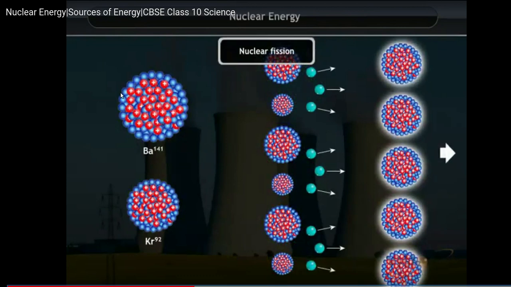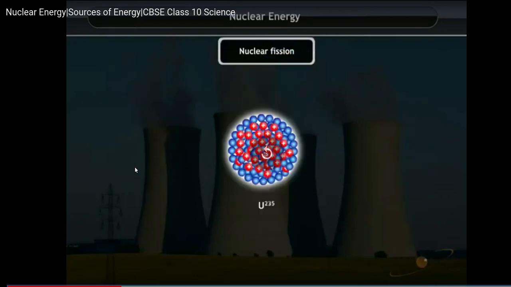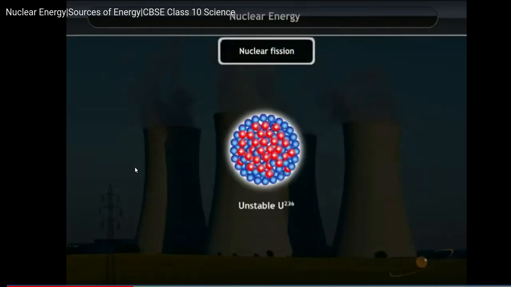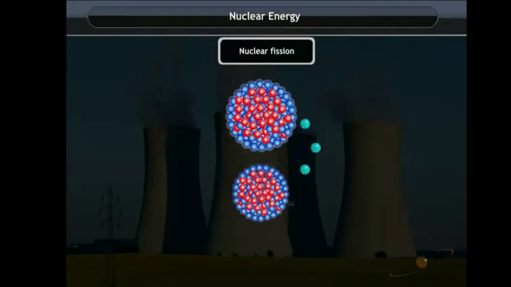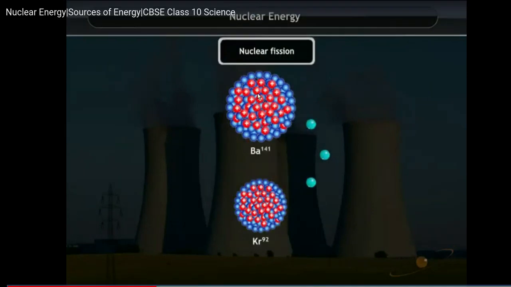You see this big nucleus breaking into smaller nuclei. Hold on, let me just show you that whole thing. See, it just breaks apart into these two smaller nuclei. When it breaks apart, along with these two smaller nuclei, a lot of energy is also released.